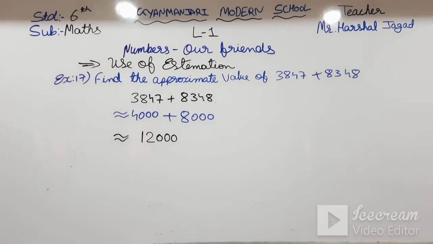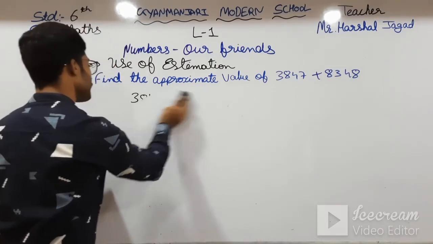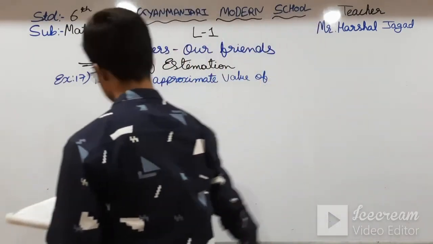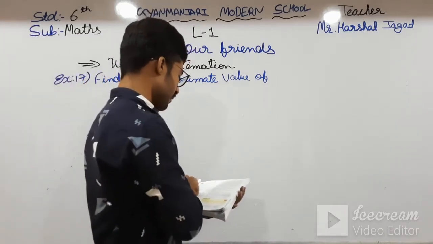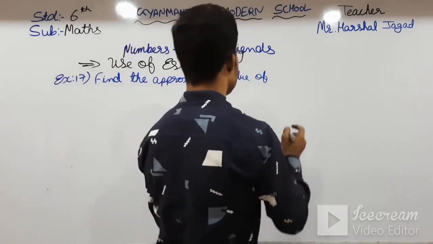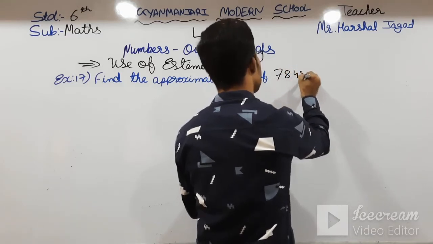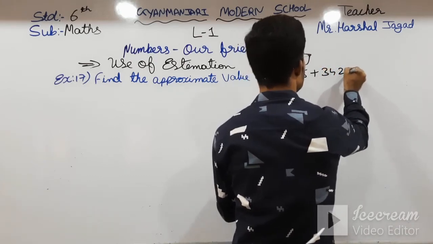Okay students, now example number 18. In example 18, we have to find the approximate value of 7845 plus 3423.